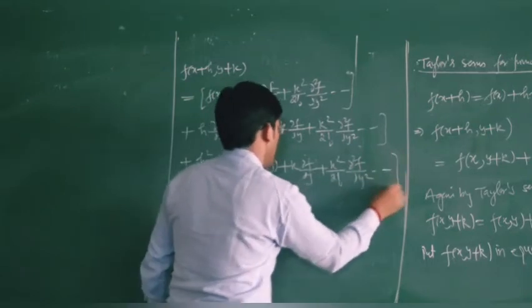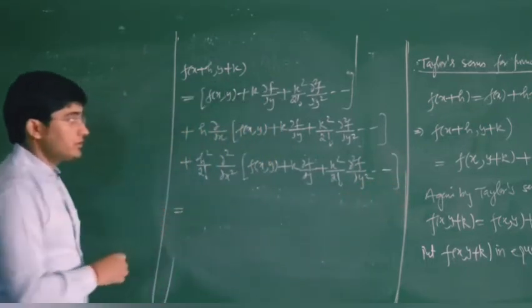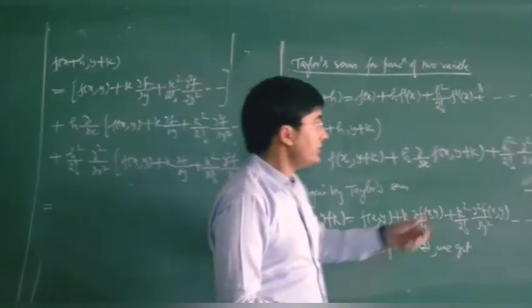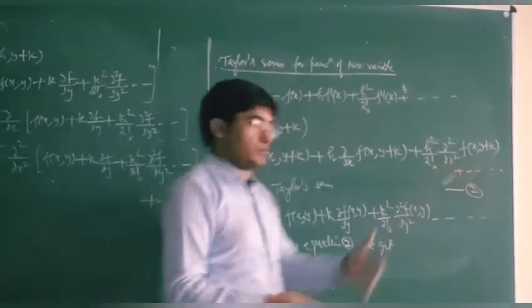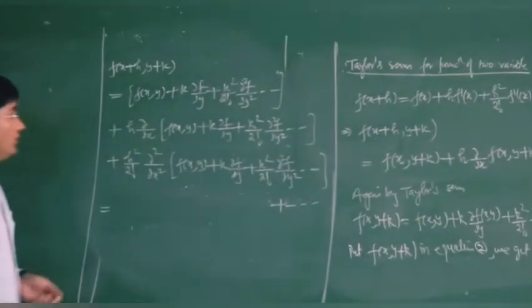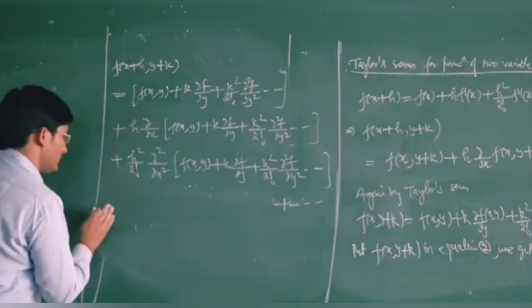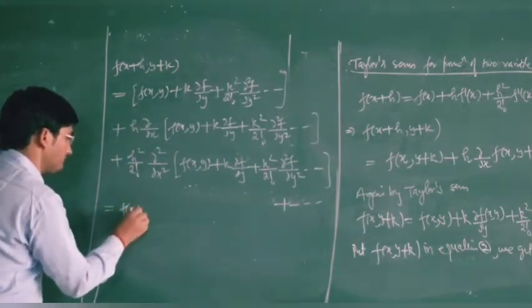And so on. Now let us finally take the next one, the third derivative with respect to x, and so on. So this is equal to, now let us collect our terms. The first term is equal to f of x, y.